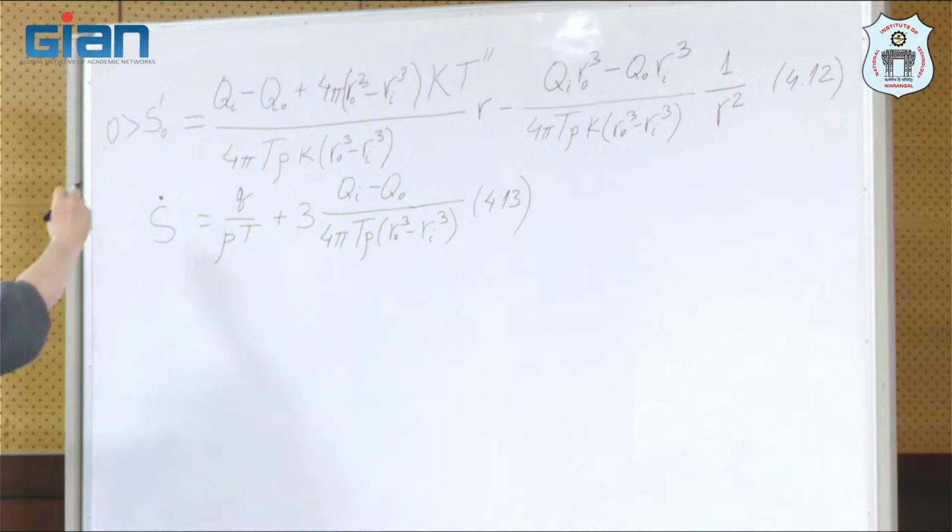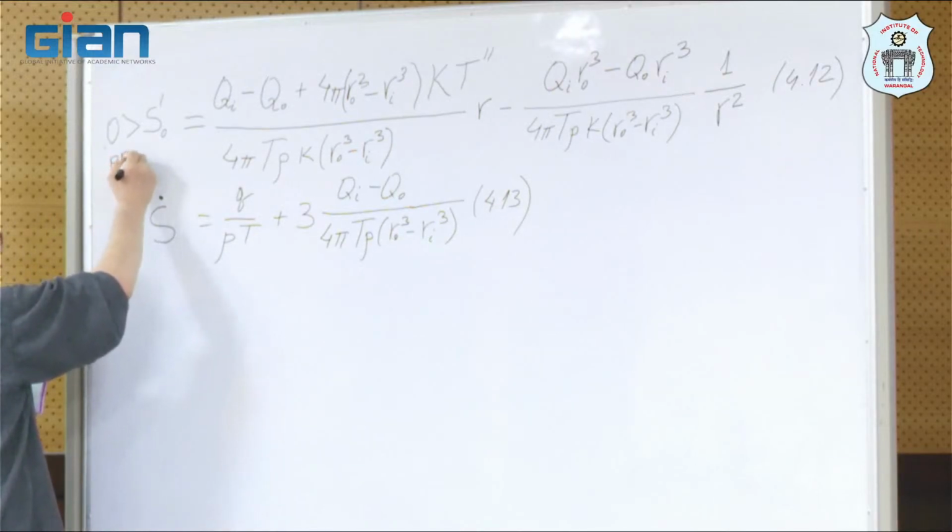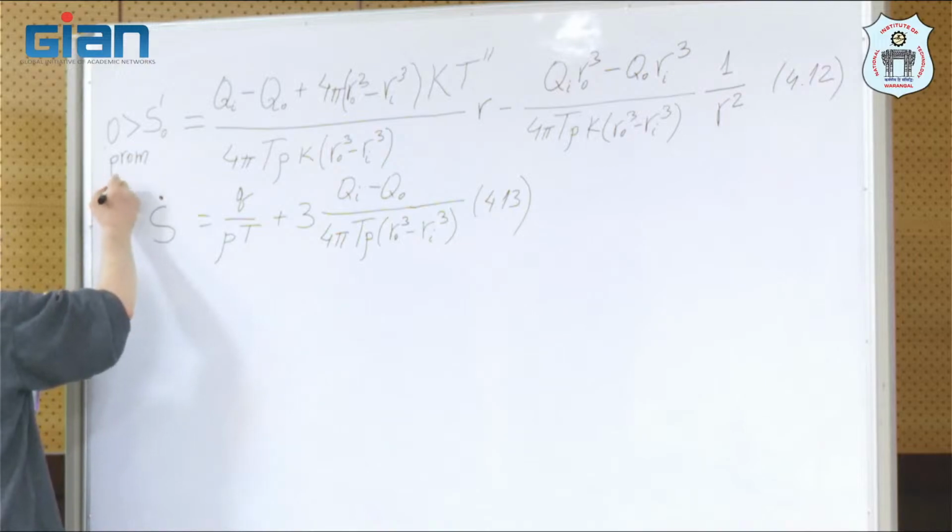So if S prime is smaller than 0, then it promotes convection.